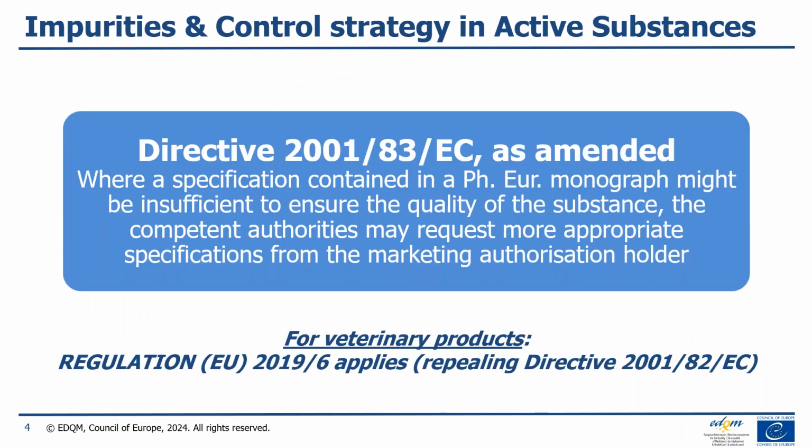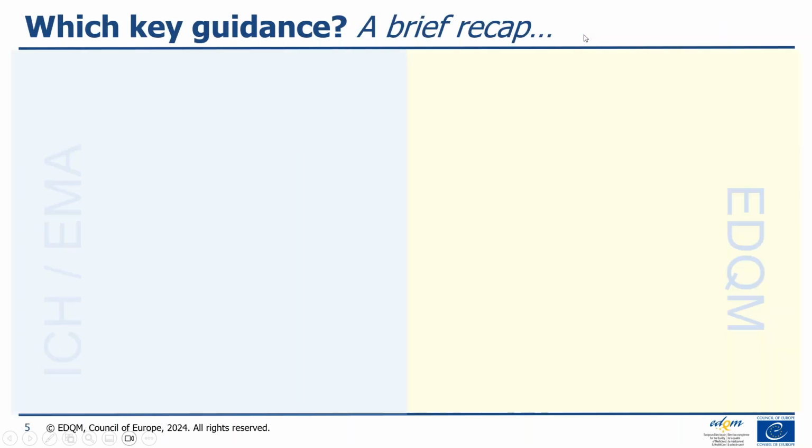Active substances are under the directive 2001/83/EC, which sets the standard EU legal framework for human medicines. As for veterinary products, there is another regulation that applies, as you can see. Which are the key guidance documents on which we rely?